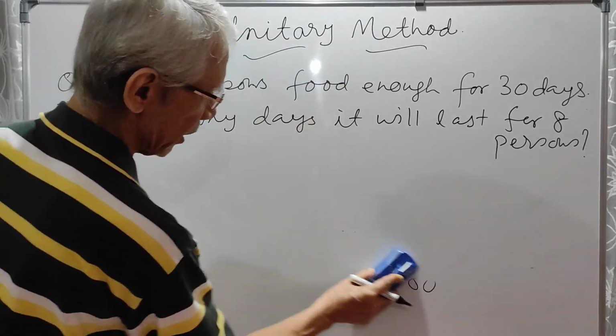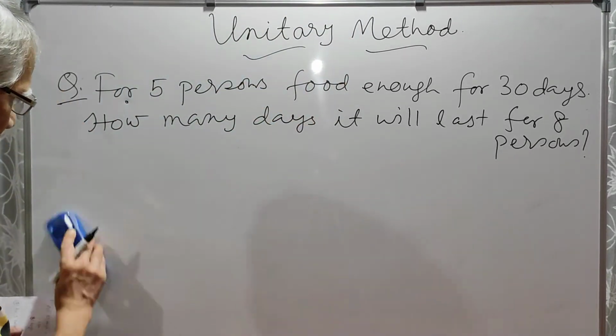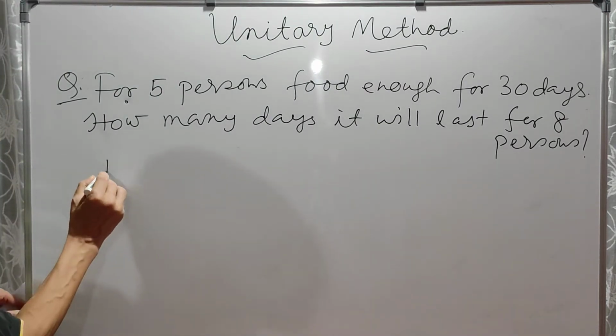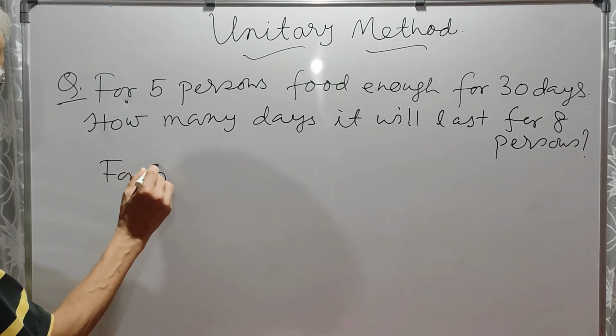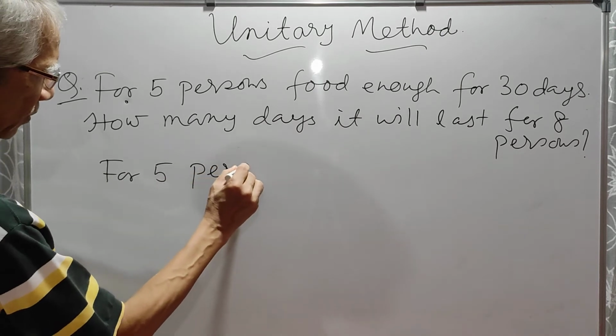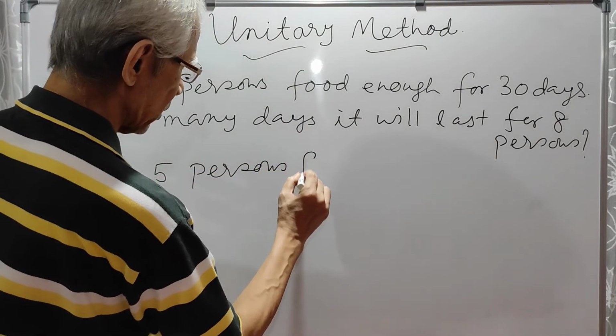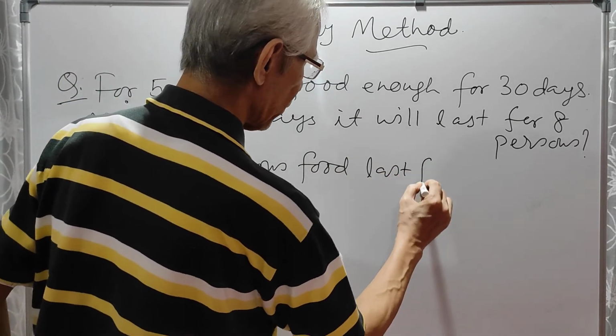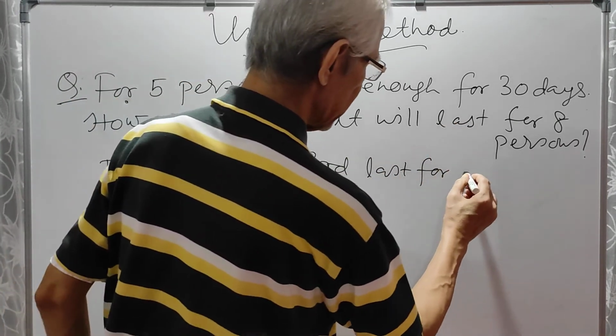Okay, again by unitary method. All right. So this is how you write. For 5 persons, food lasts for how many days? 30 days.